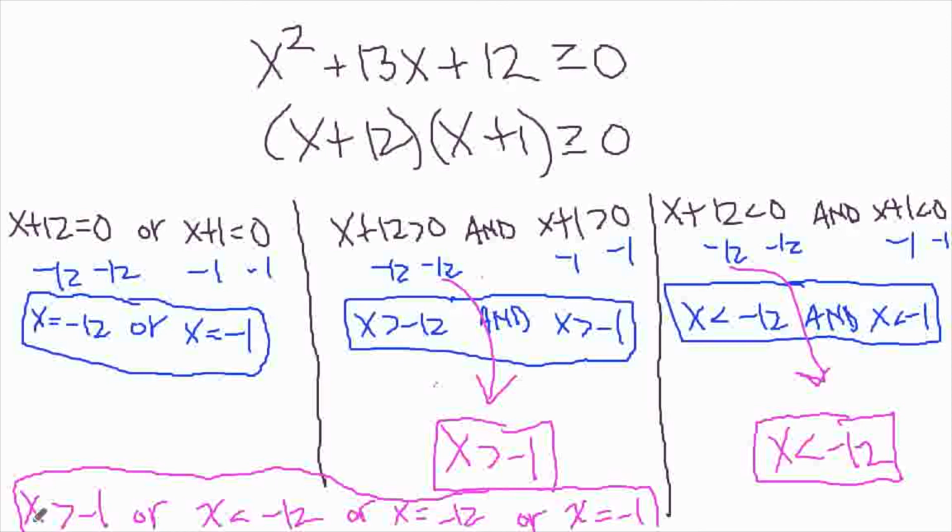Think about if x was equal to negative a million. If you plugged in negative a million, then the squared term would be huge, so the whole quadratic is going to end up being positive. So that's going to be satisfied. And then you could also plug in the two numbers, minus 12 and minus 1, and you'll see that those work.